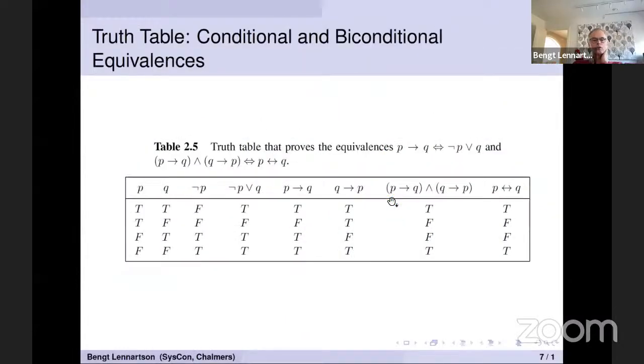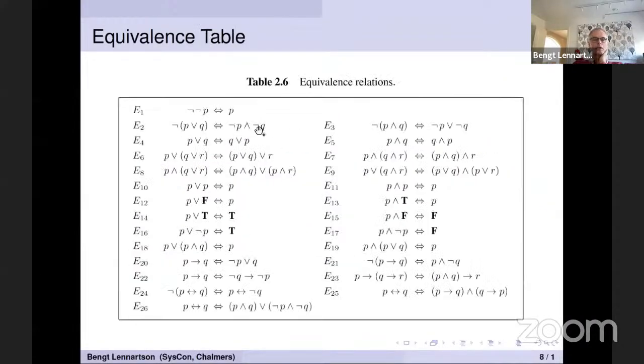And just to understand what that means, we have here a list of a number of equivalences. For instance, that it doesn't matter in which order you say P or Q, or the opposite Q or P, they are equivalent. And for instance, if you take the double negation on the statement, it's equivalent to the statement itself.